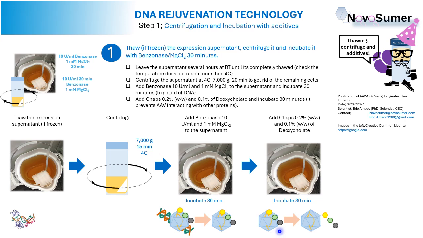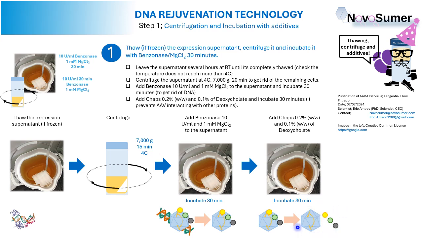So by adding detergents, we're kind of stabilizing the EVOs. So by stabilizing the EVOs, we avoid certain contaminants from interacting with EVOSK. So by adding detergents, what we are doing is separating the EVOSK from some of the contaminants.